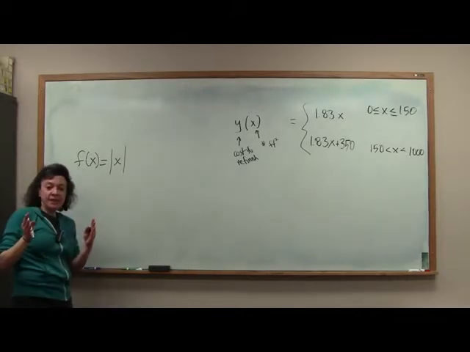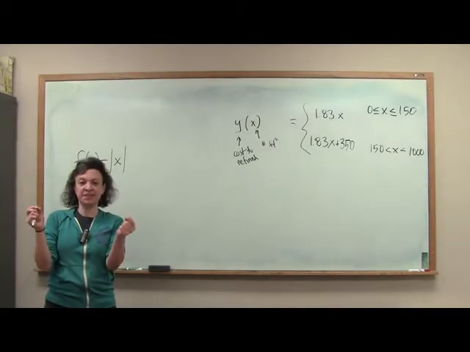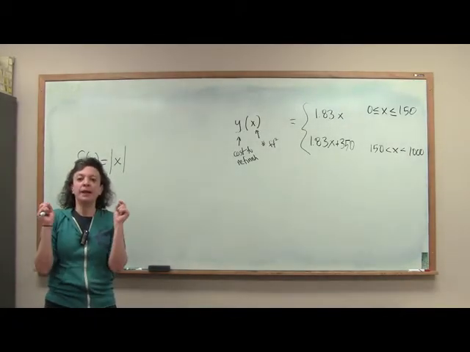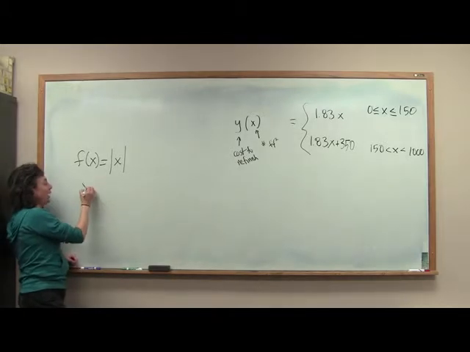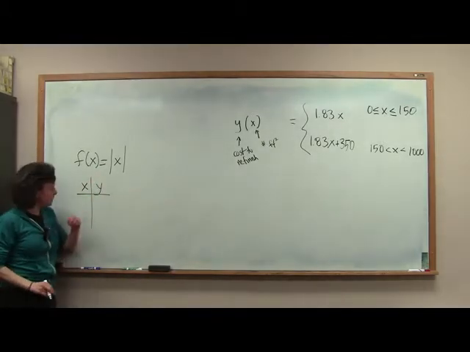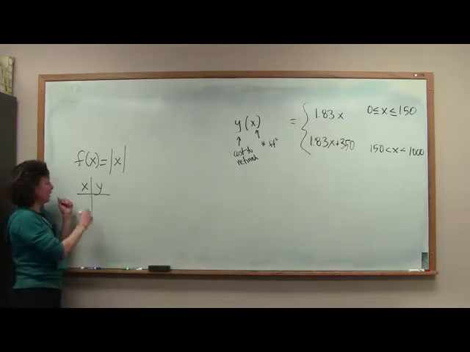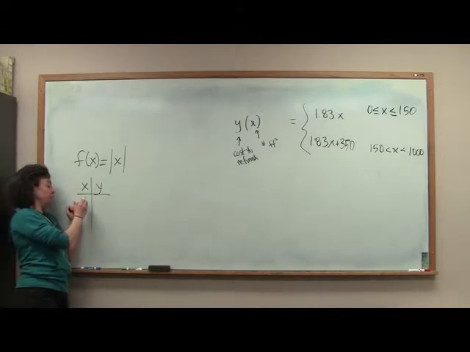Remember, when you take the absolute value of a number, you're talking about its distance to 0 on the number line. And you want to think of distance always as positive. So, one way we could graph this function without even thinking about it as a piecewise defined function is as follows. We could make our handy little t-table and plug in values.